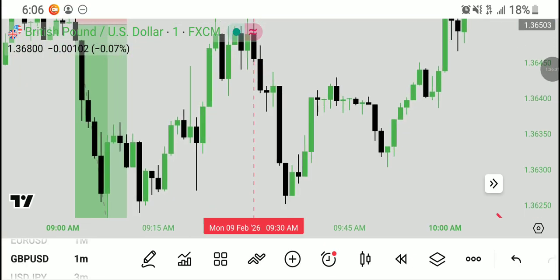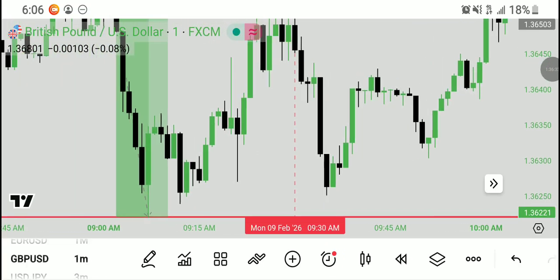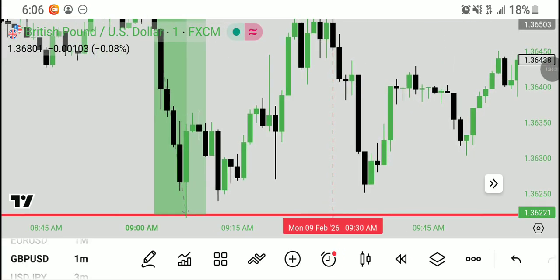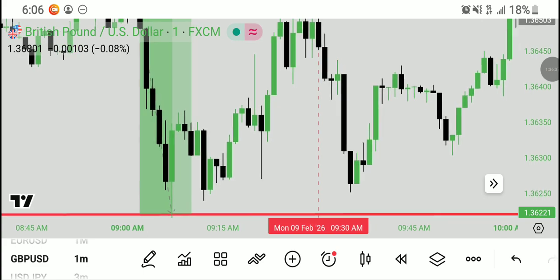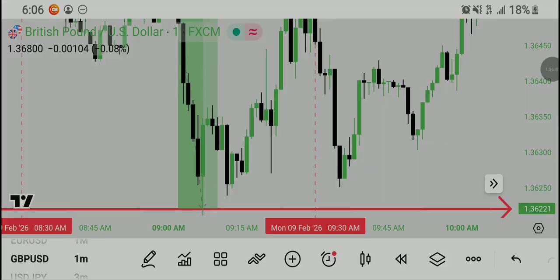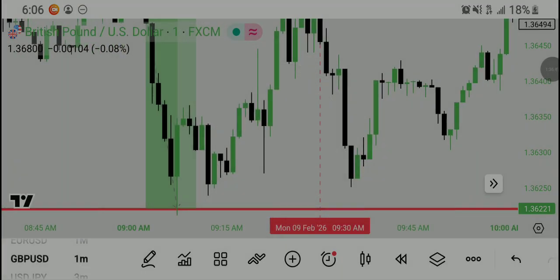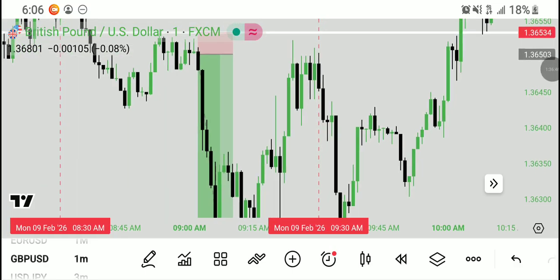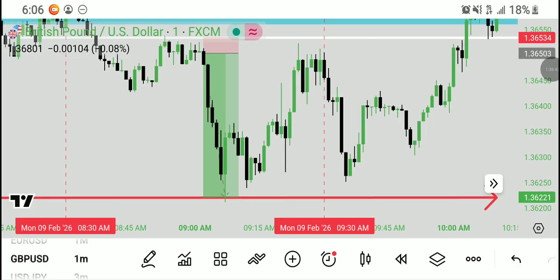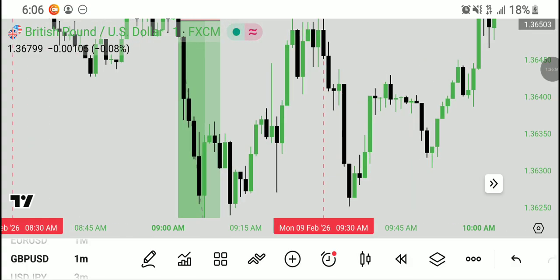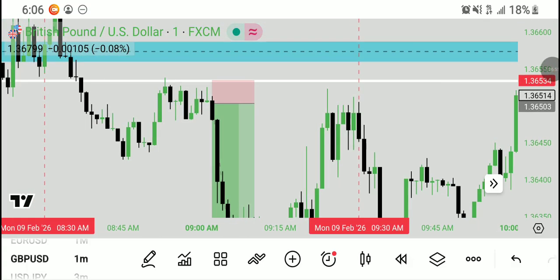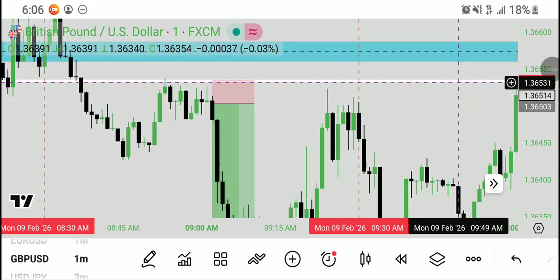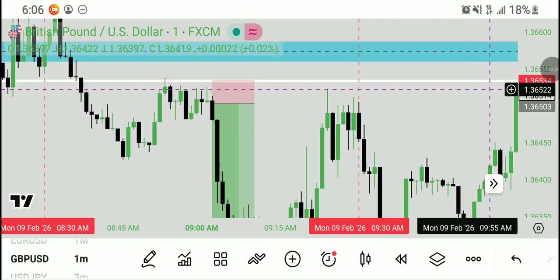So when you take your profit, you wait until 9:30. That's when you wait again for the next trade. Then at 9:30, the market is running high and has still not taken out this buy side liquidity.